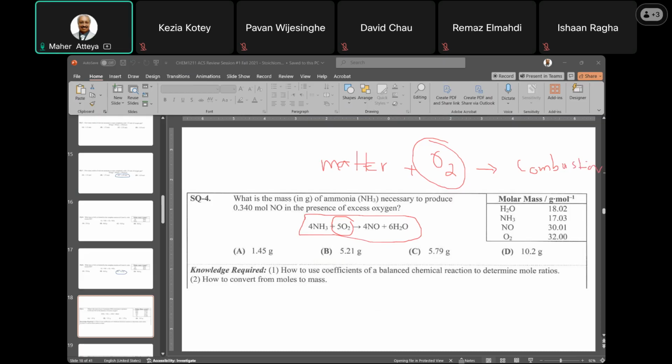It looks like a double displacement to some of you guys, but it's a combustion reaction. Remember the rule: anytime any matter reacts with pure oxygen, it is a combustion.